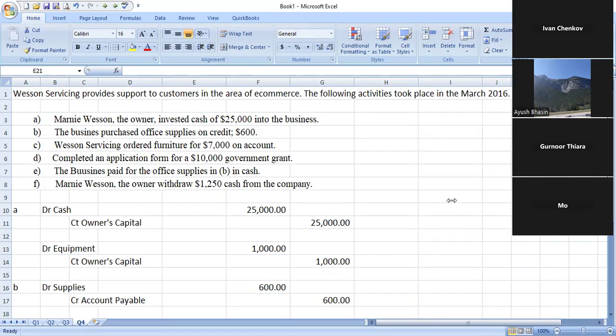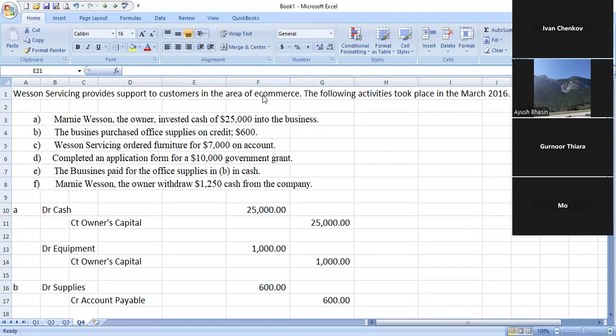The case fact says this company provides support to customers in the area of e-commerce. How is buying the wedding dress going to help us support our customers in the area of e-commerce?